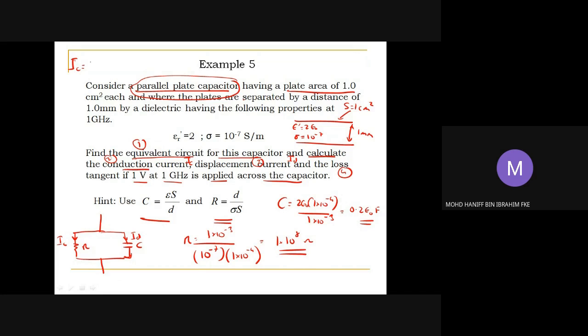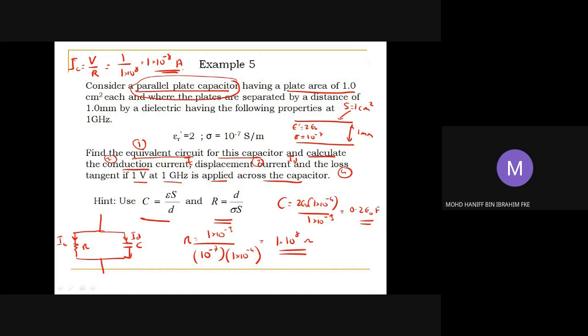So IC will be based on the ratio between the voltage across the resistor and the resistor R. Based on the given information in this question, the voltage is 1 volt, so it should be 1, and the resistor R is 1 times 10 power of 8. So your conduction current will be equal to 1 times 10 to the negative 8 ampere.